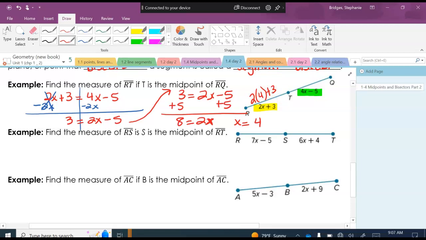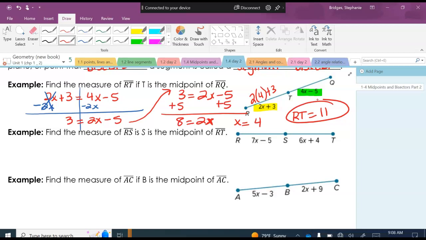What's 2 times 4? And 8 plus 3 is 11. So RT is equal to 11. So we had to find x first, setting up our 2 parts equal to each other. Then once we found x, we plugged it back in to find the length of RT, which is what they were asking for.